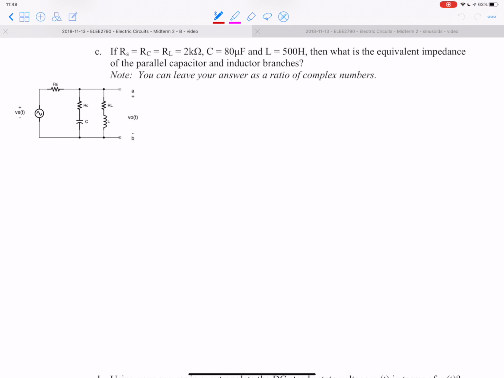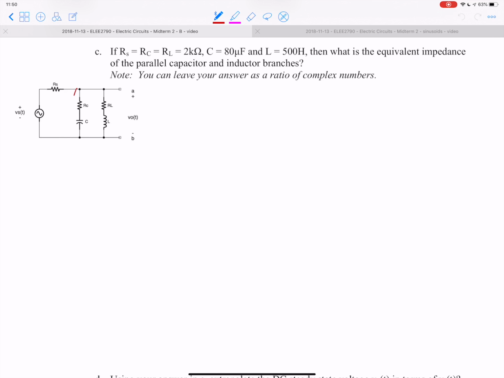Next, we're asked to go back to the circuit and evaluate a situation where we have certain values for the resistance and capacitance, and we want to look at the impedance of the parallel capacitor and inductor branches. So remember that the impedance is a function of frequency, so you can't actually get to a bottom line number, but you can get basically to a structure.